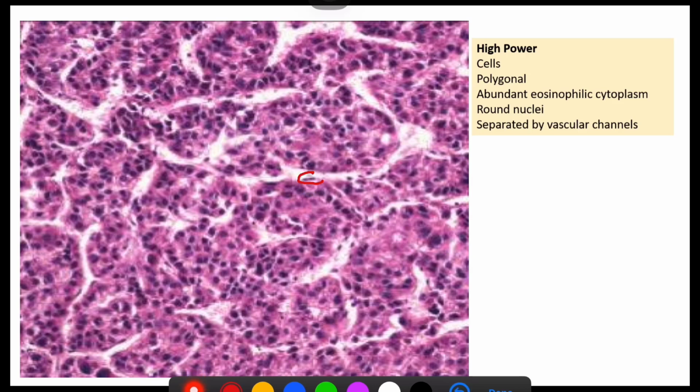So these are endothelial cells, spindle shaped cells lining these sinusoids. So this is a sinusoidal space, right? And this is the trabecular pattern, right?